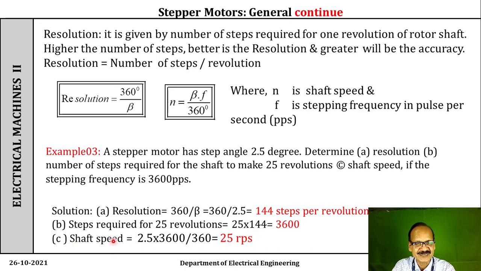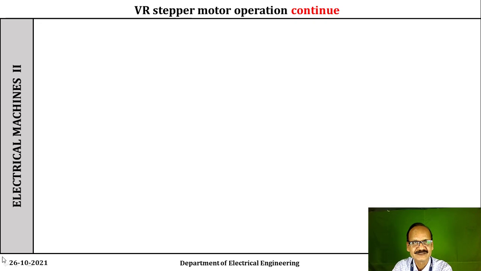Now the shaft speed n equals beta into f divided by 360. Beta is 2.5, which is already given. Now the stepping frequency, pulses per second, is already given, 3600 pulses per second, divided by 360, and therefore shaft speed is 25 rps, revolutions per second.